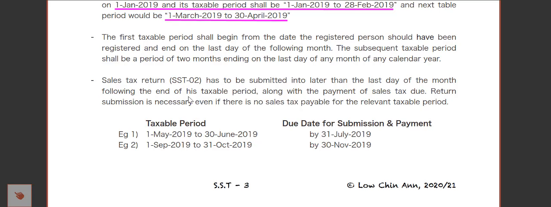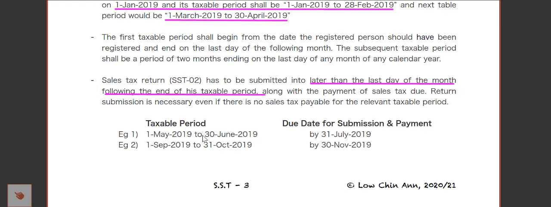Now, when must your sales tax return together with the sales tax be remitted to the customs office, the Royal Malaysian Customs? Basically, it's not later than the last day of the month following the end of the taxable period. Meaning if your taxable period is May to June, every 2 months is one taxable period, right?